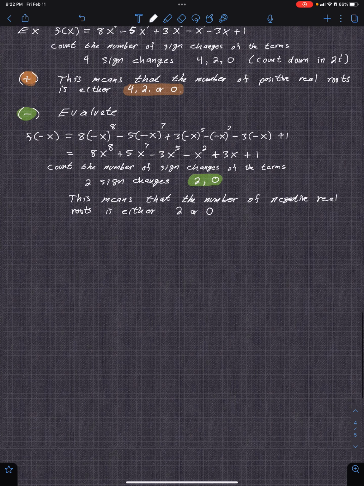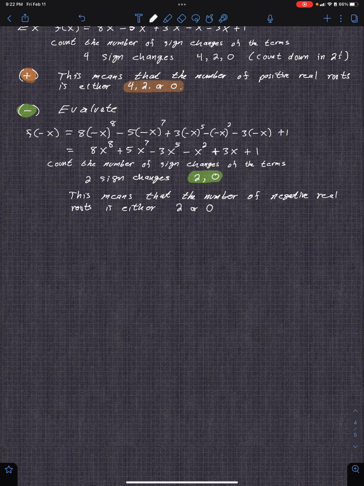And so we make this chart. It's one of the easiest ways to do it. Now you want to structure the number and type of roots: positive real, negative real, and imaginary.